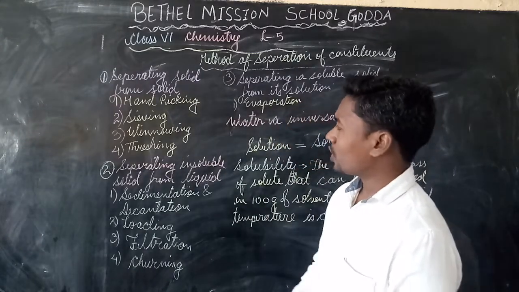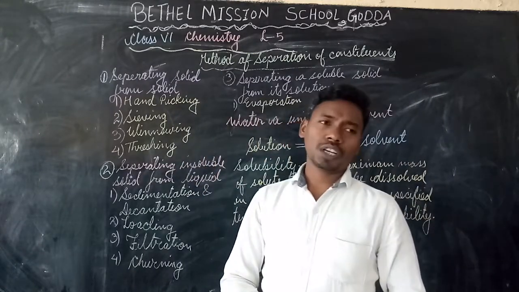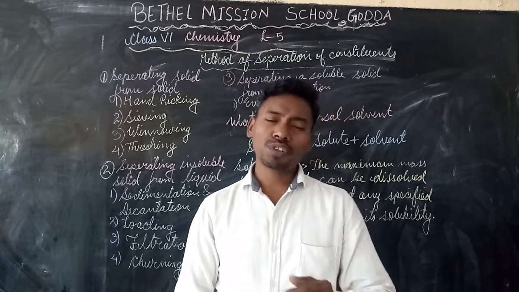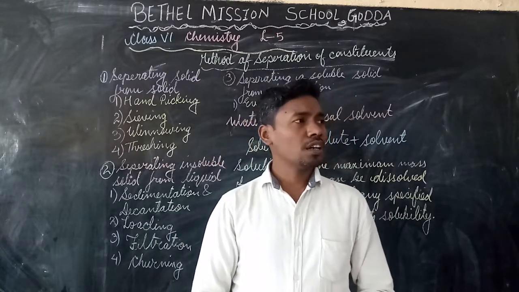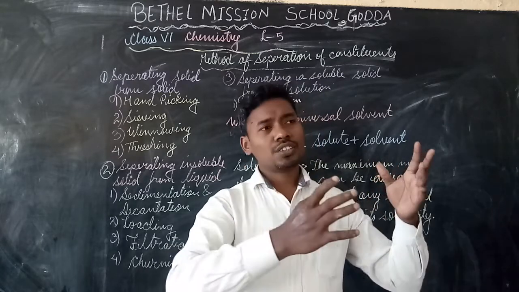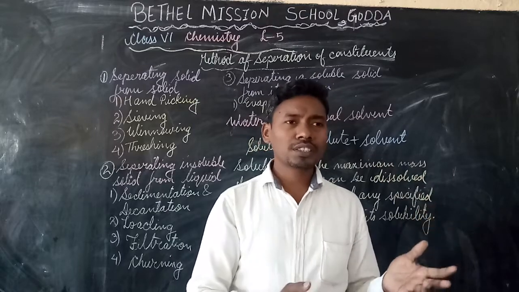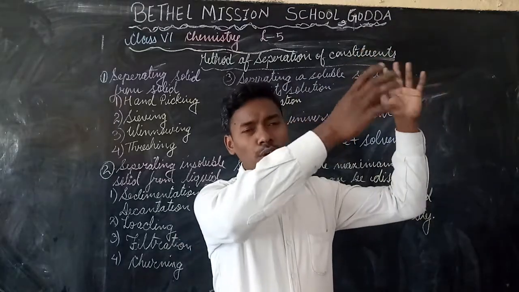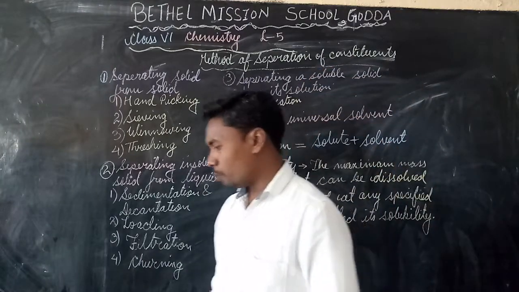And the third one is winnowing. In winnowing, the mixtures are in such a way that one component is heavy and another is very, very light. You might have seen the farmers, they take the wheat or the rice, the paddy grain, in a basket and they throw it from the top.